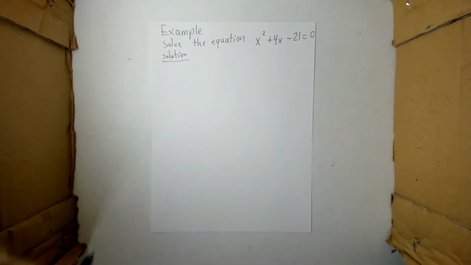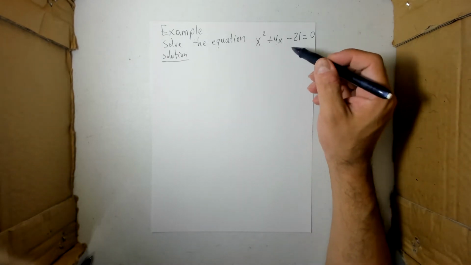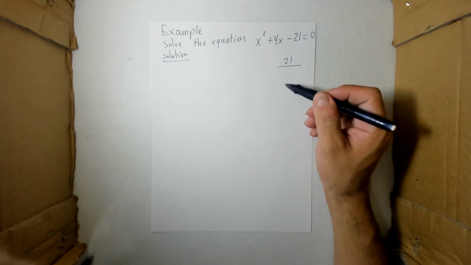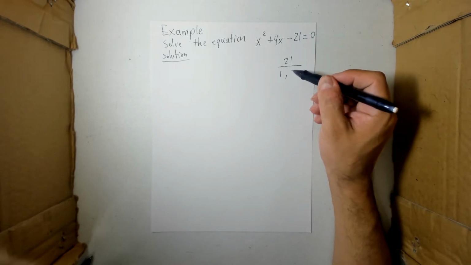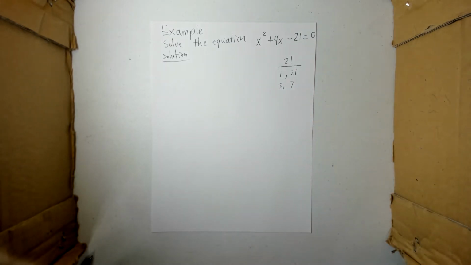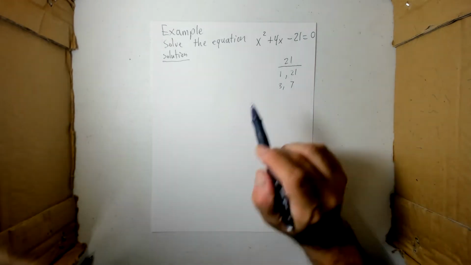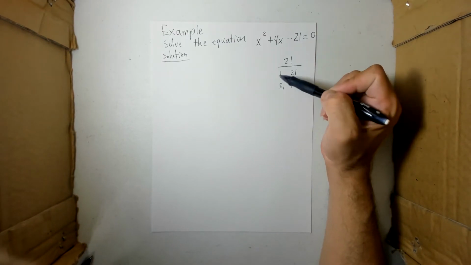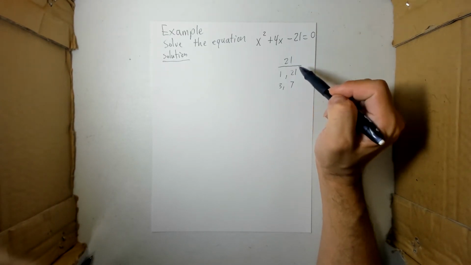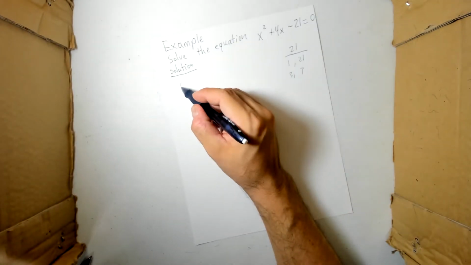So let me make my factorization of 21 here on the side. I can make a little table. 21 is 1 times 21, or 3 times 7. And that's basically it. Now, of course, because it's negative 21, one of them is going to have to be positive, one of them is going to be negative. So let me make my possible factorizations.